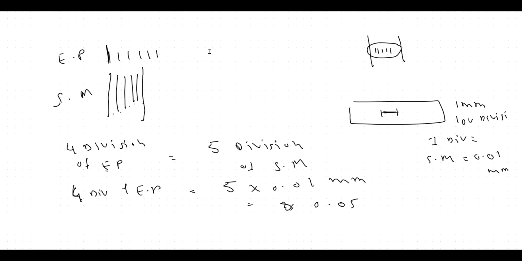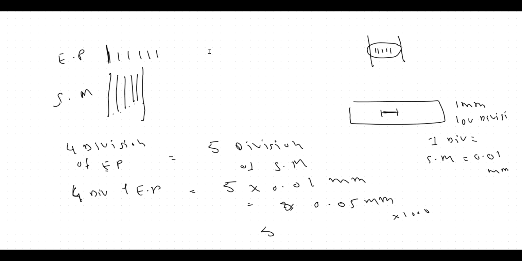And if I need to convert it into micrometer, I need to multiply it with 1000. So to get it into micrometer, I have to times it with 1000, okay? So in micrometer, my answer will become 50 micrometer.